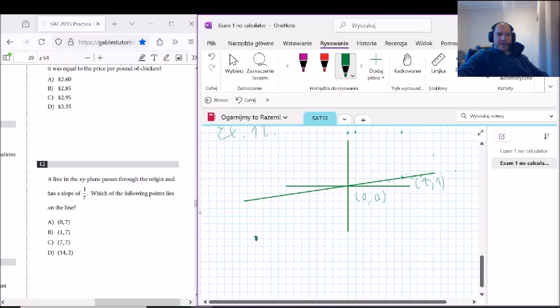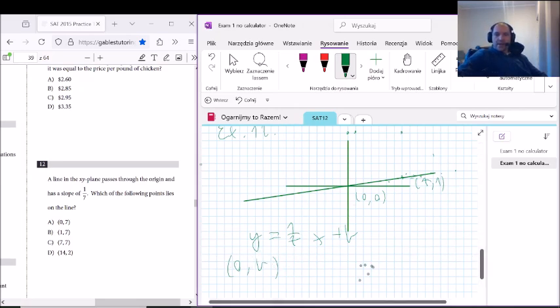Because if our line has a slope of 1/7, this means that its formula is y equals 1/7 times x plus some b. But if it goes through the origin, we know that b is the y-coordinate of the point where the x-coordinate is 0, that our line crosses.